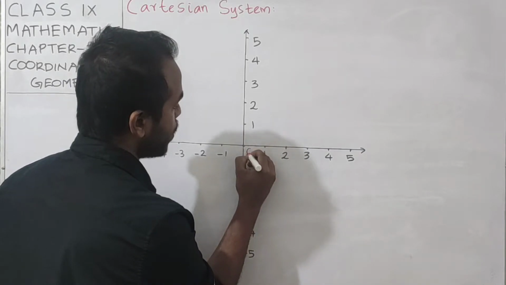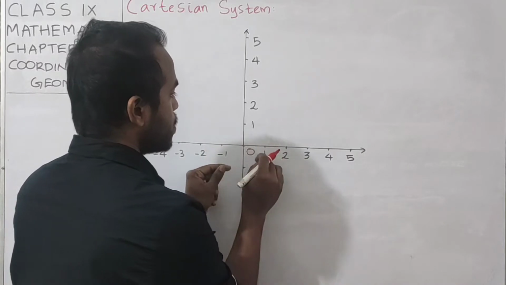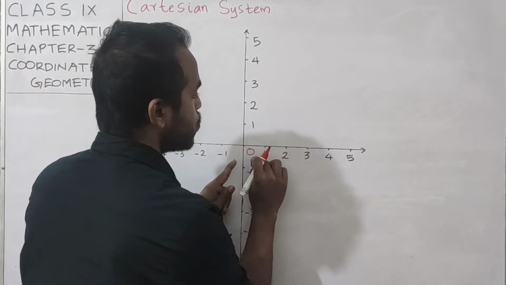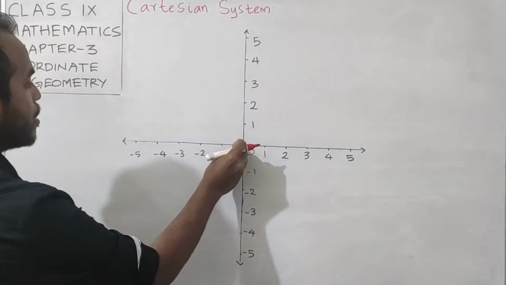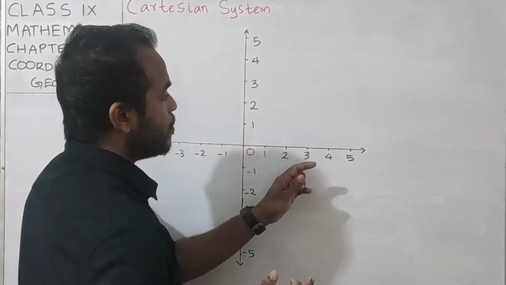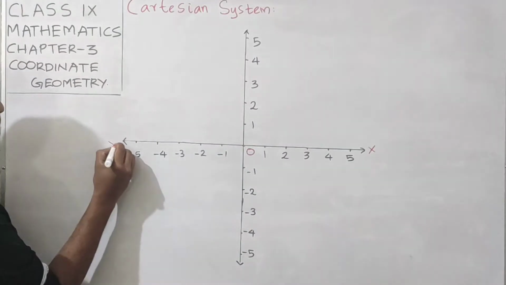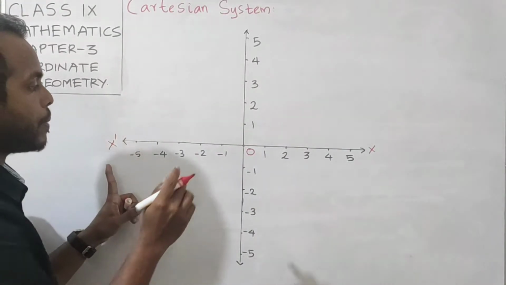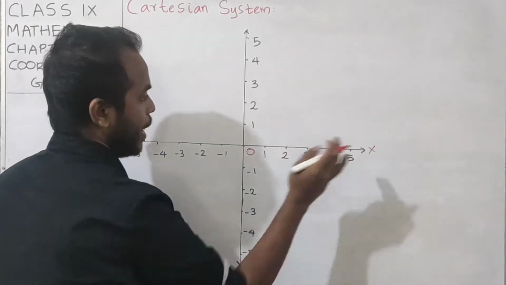We can mark this point as O. As the number line normally goes, it moves from 0 to positive numbers infinitely, and from the center to the left also infinitely. Now we can name this line x dash, so this number line is called XOX dash or X dash OX.